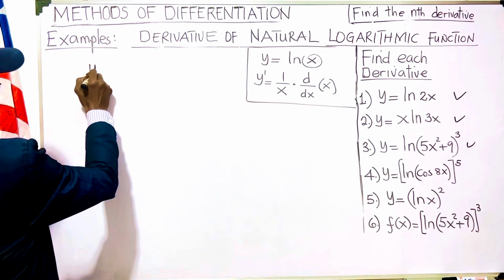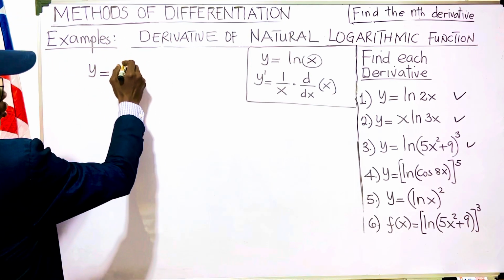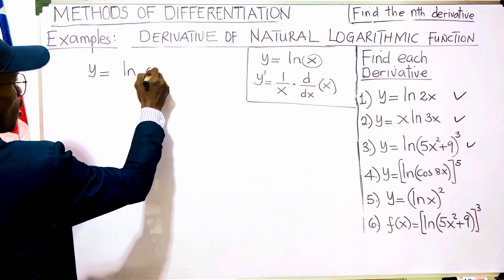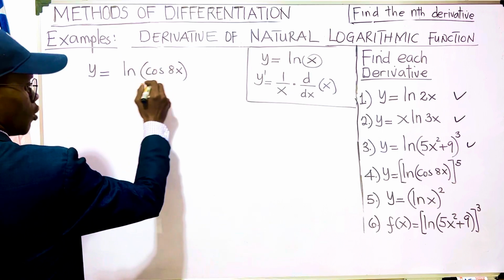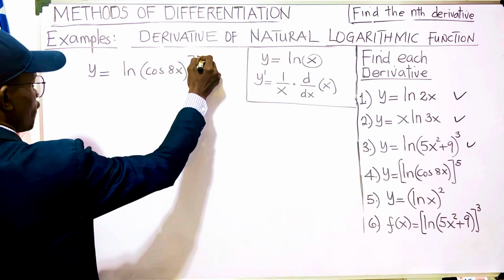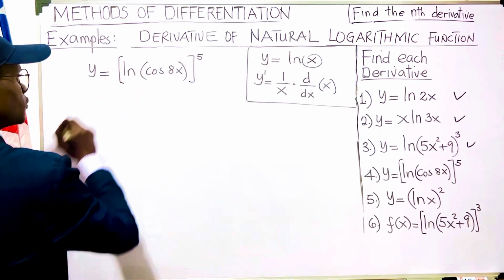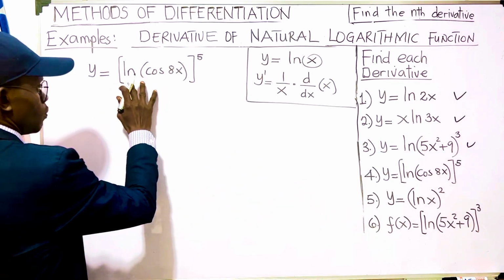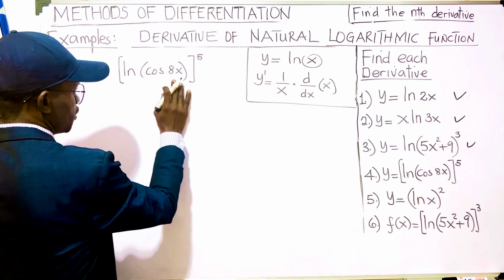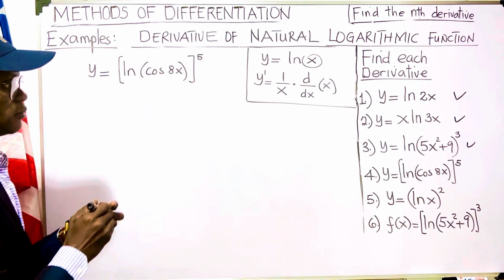Question 4 says y equals ln of cos of 8x, all raised to the power 5. Now, this means that whatever we have in there must be multiplied 5 times.